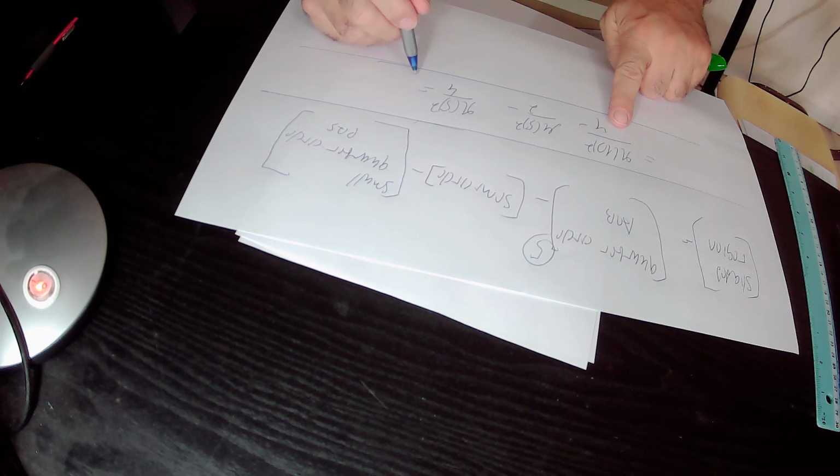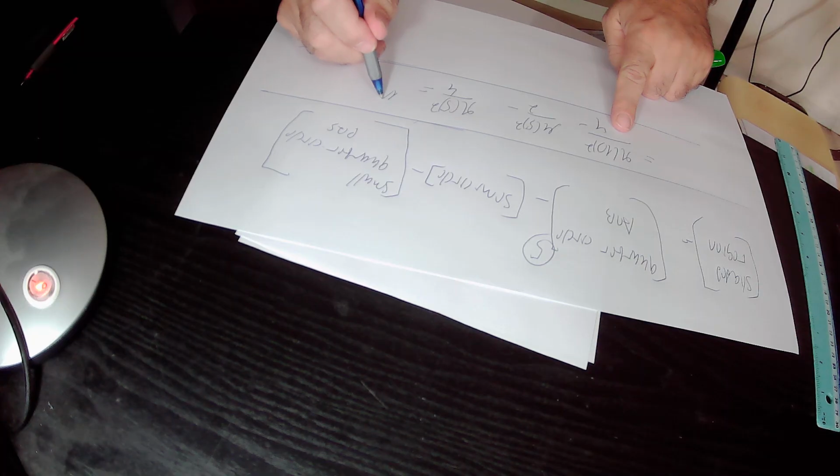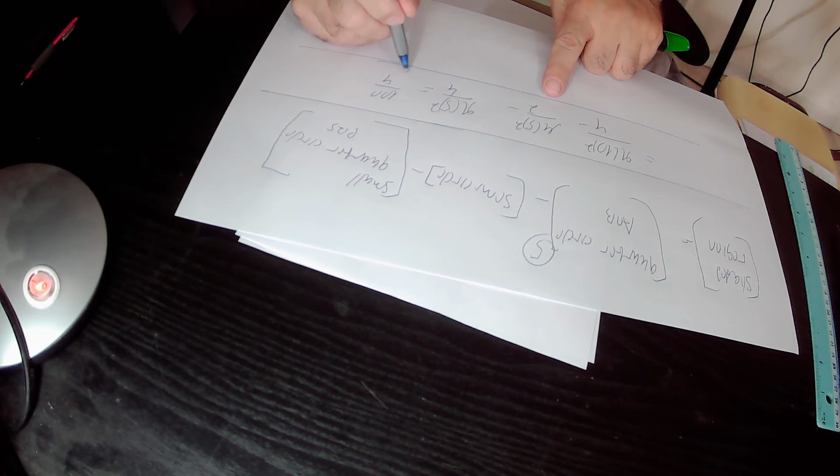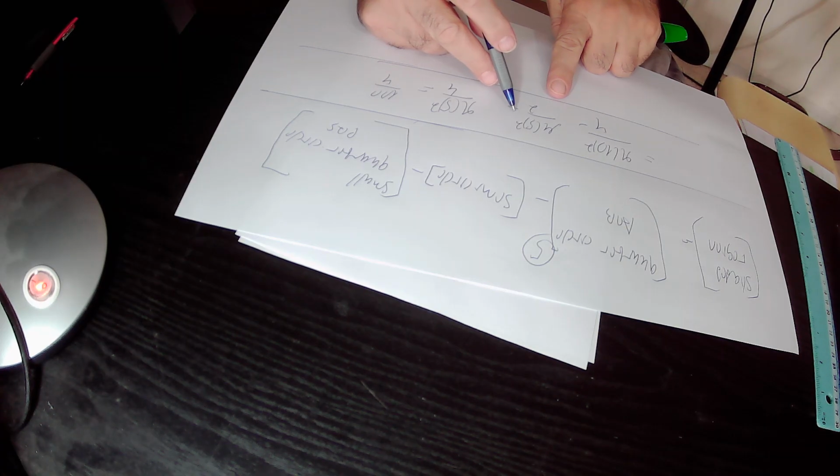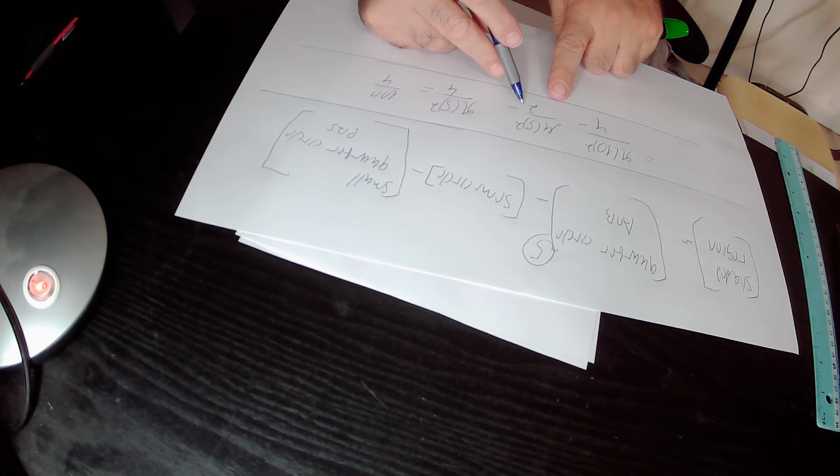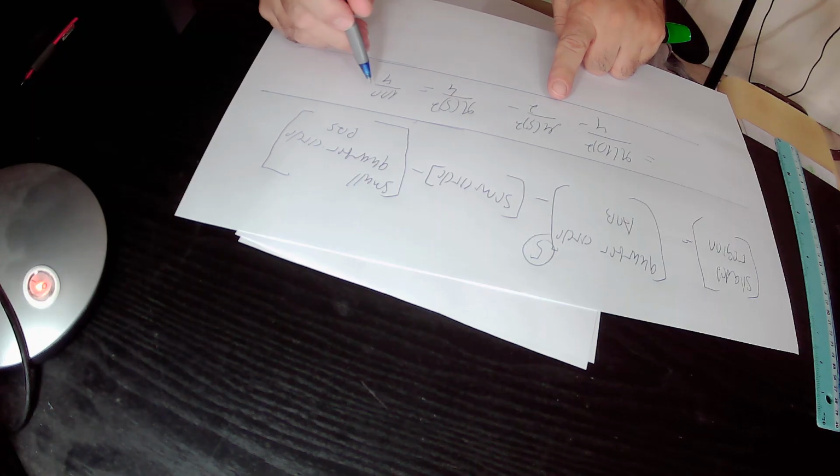Ten square is 100. So in total, in the numerator we have 100 pi over 4. Here we have 5 pi is 25. So in total, in the numerator we have 25 pi over 2. Here we will multiply both the numerator and the denominator of this expression by 2, and we get that 25 pi times 2 is 50 pi.